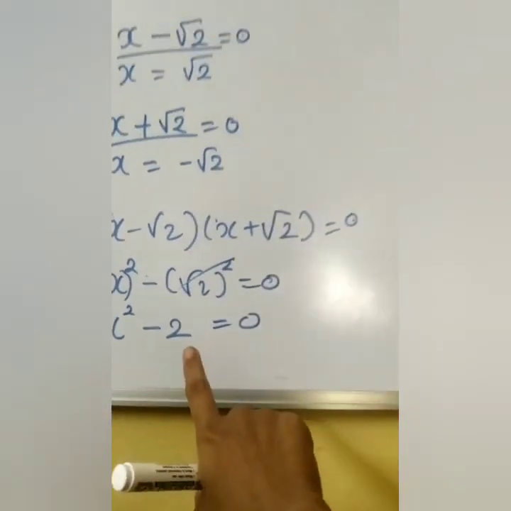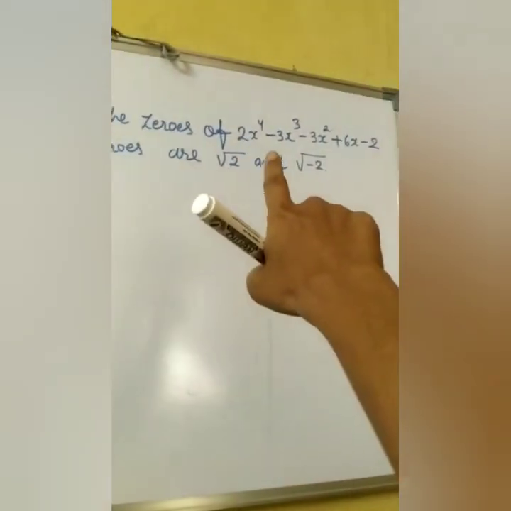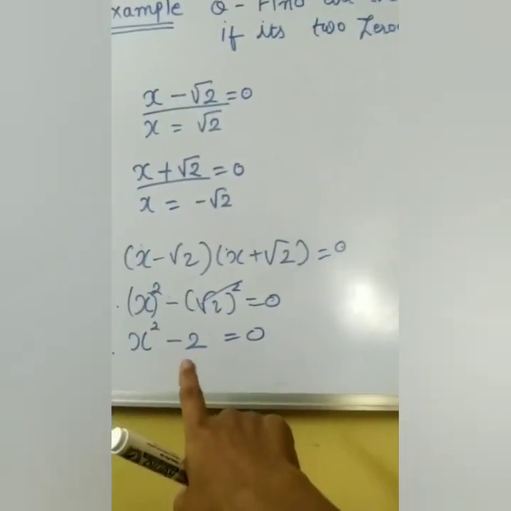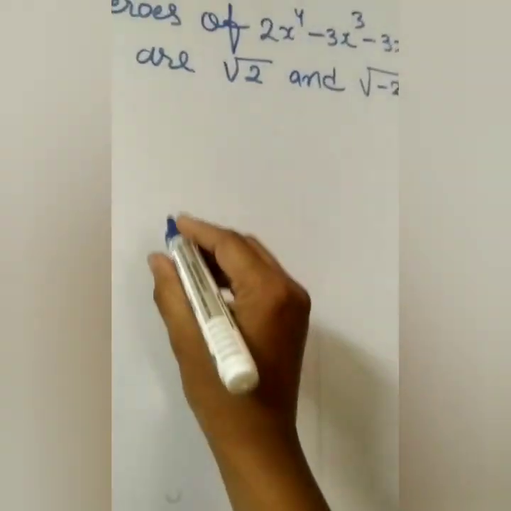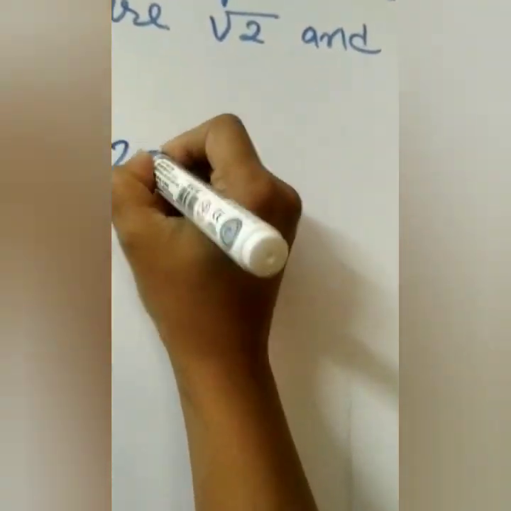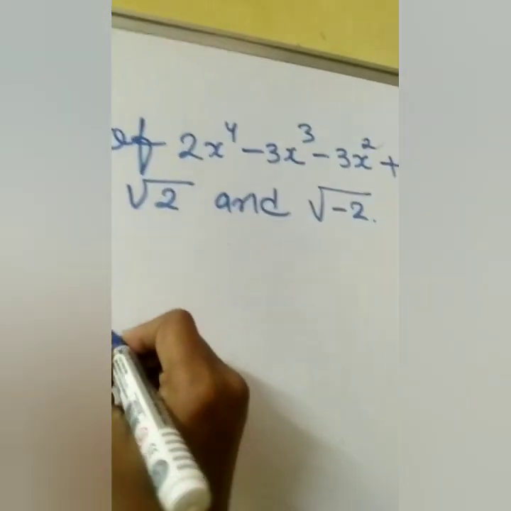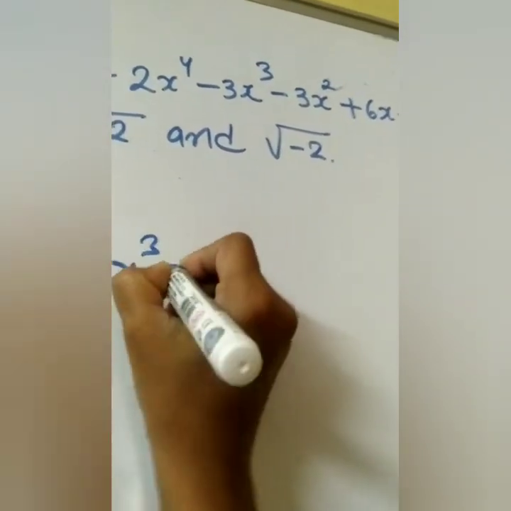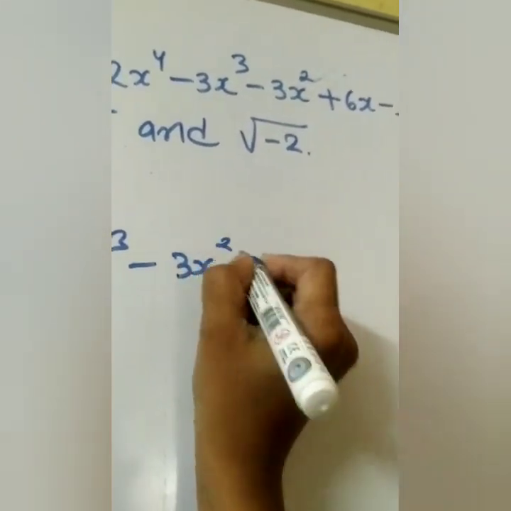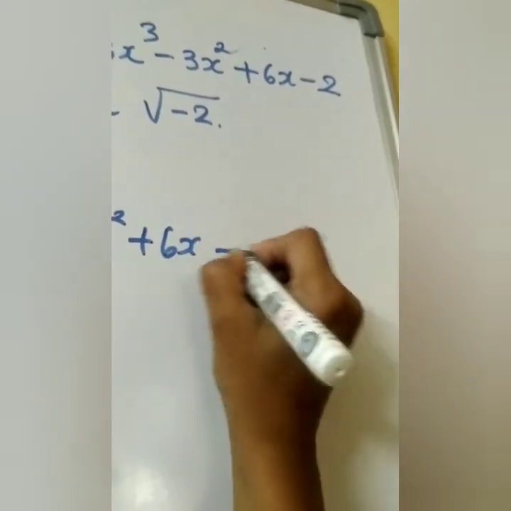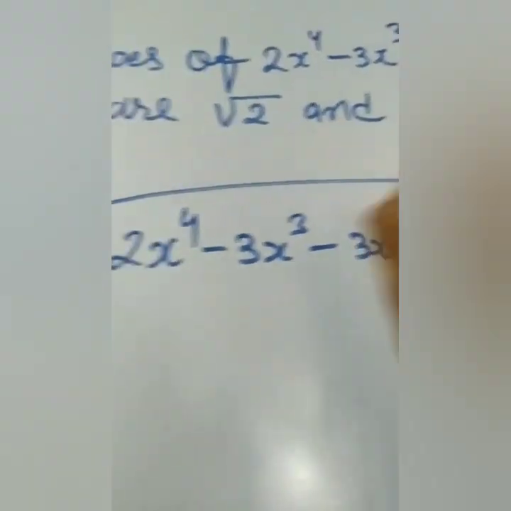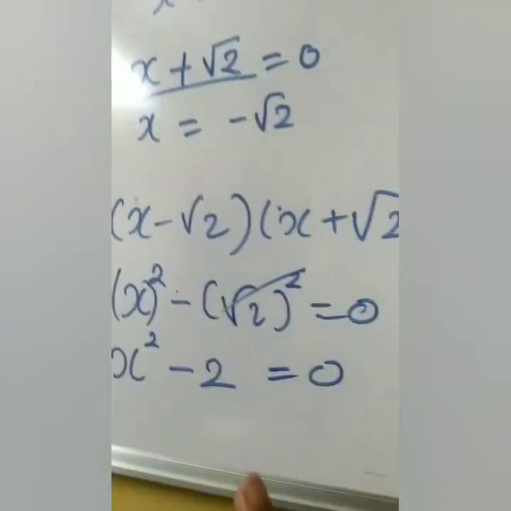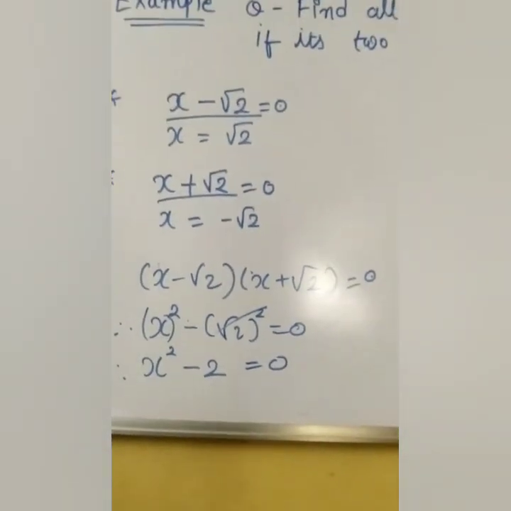Now what we have to do is divide that polynomial by x square minus 2. First we have to write our polynomial, which is 2x raised to 4 minus 3x cube minus 3x square plus 6x minus 2, and divide it by our g of x, which we just found by this process.